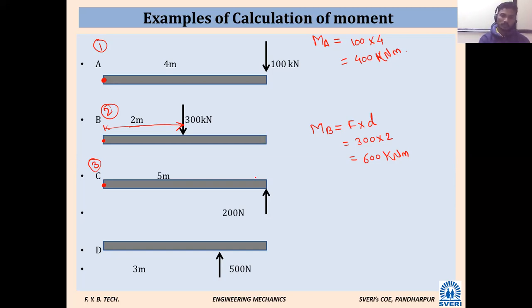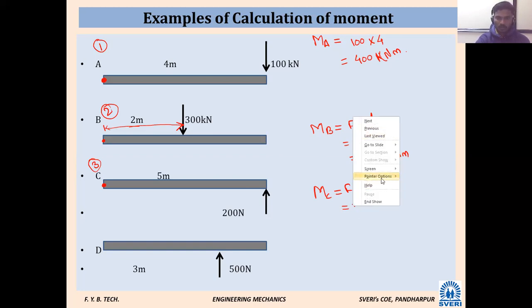What will be here? M at point C equal to our regular formula F into D. Value of F is 200, but it will be negative.